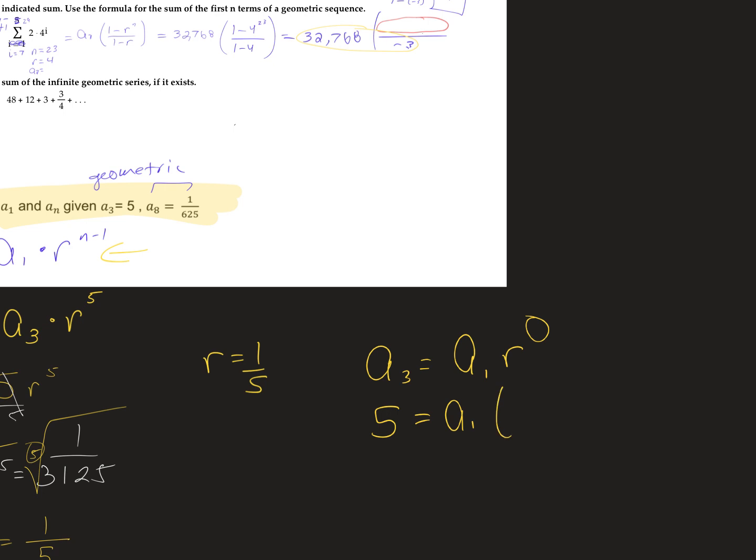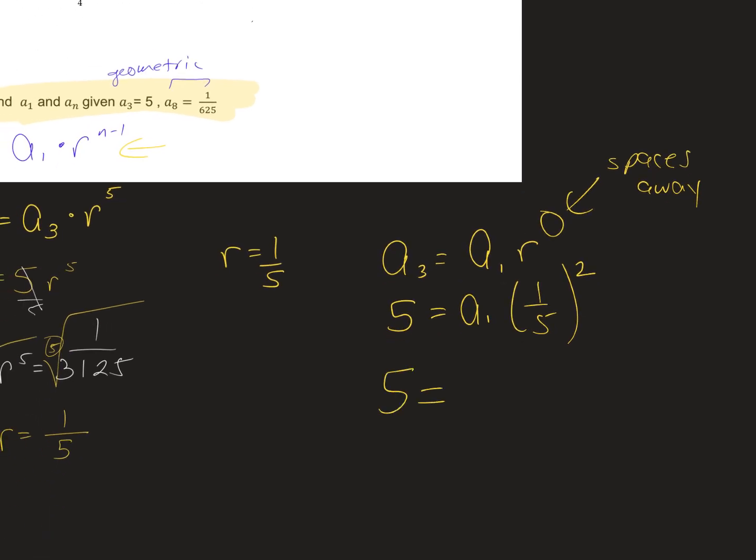I do know my common ratio is 1/5. And how many spaces away is the third term from the first term? It's 2 spaces away. And then we just simplify. So I have 5 equals a sub 1 times 1/25.